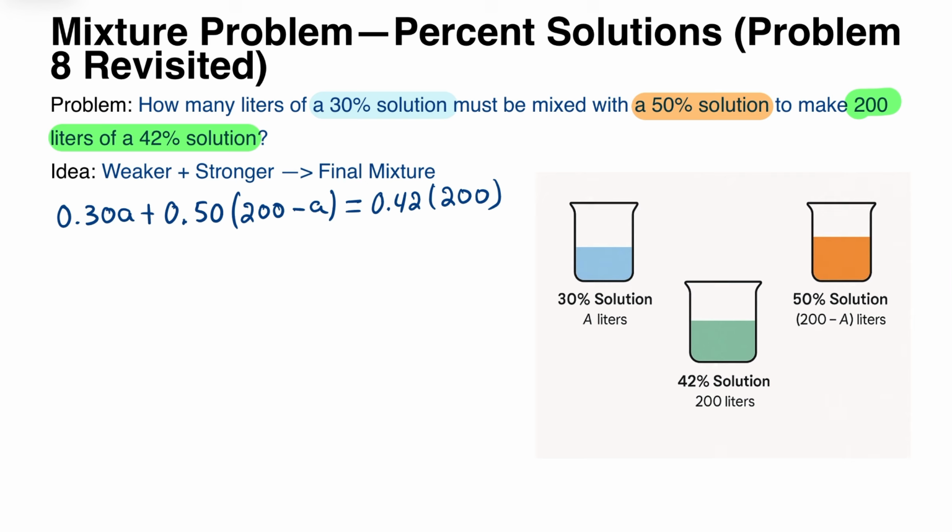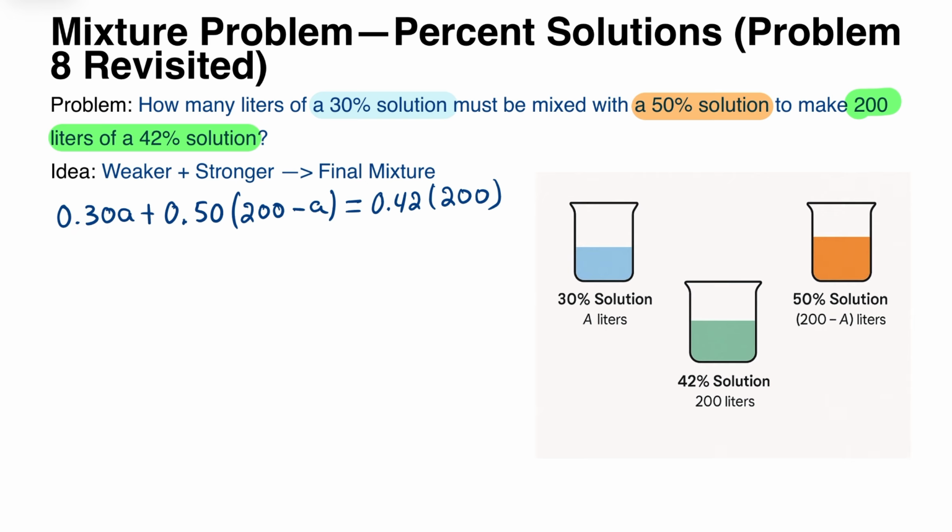So what we're going to do to solve this is multiply by 100 to keep things simple. That means we don't have any more decimals to deal with. So let's go ahead and do that. I'm going to bring down this 0.30A, but instead of it being a decimal, we're multiplying by 100. What this means is that we can move the decimal point two places to the right.